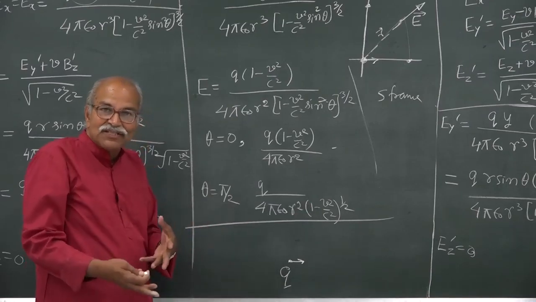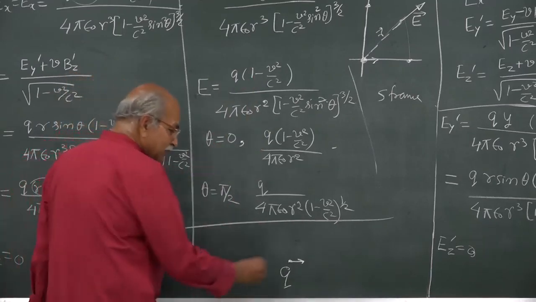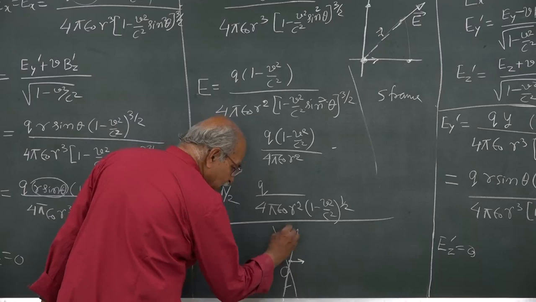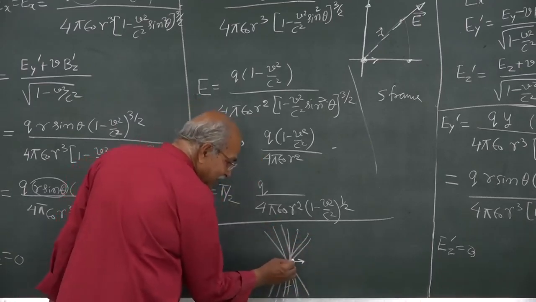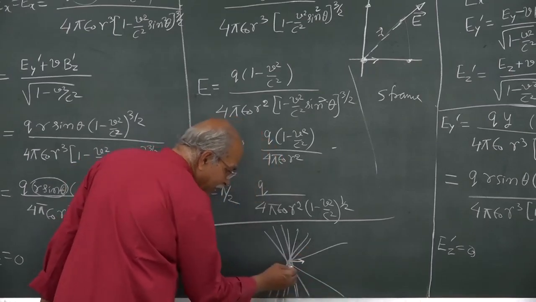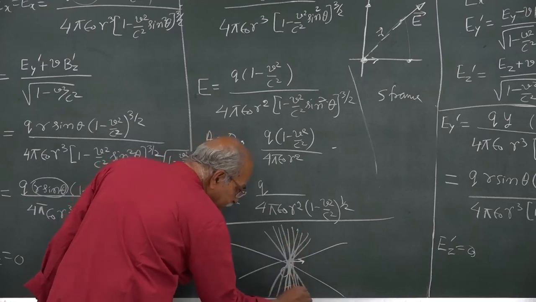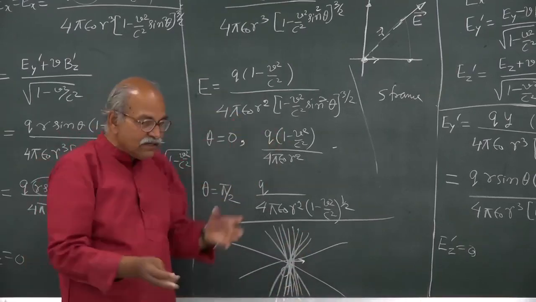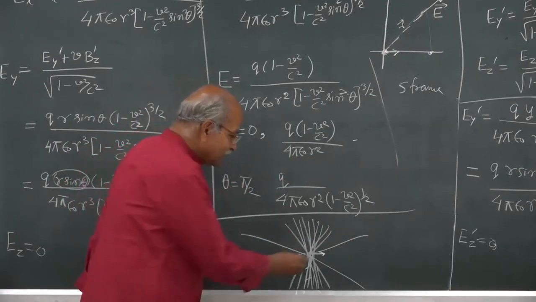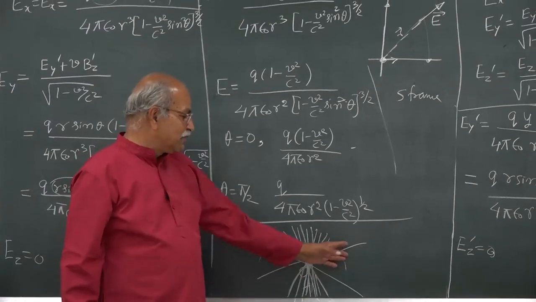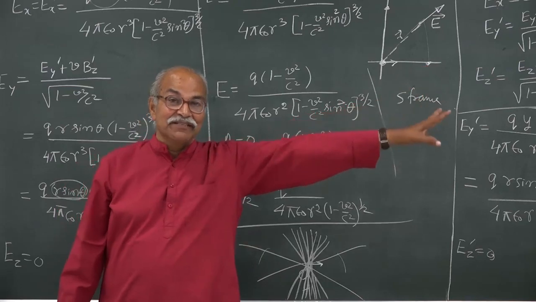So, the number of field lines should increase, and at pi by 2 it should be maximum. So, if the speed is large, you will have to draw a lot of lines here, fewer lines here, and here it will go like this. So, the field will be confined more in the transverse direction, and in the forward and backward direction the field will be less. That is when the charge moves with some high speed.